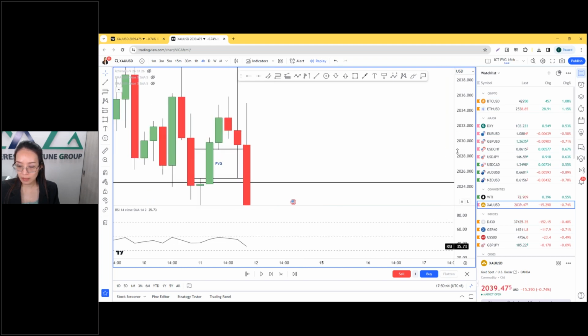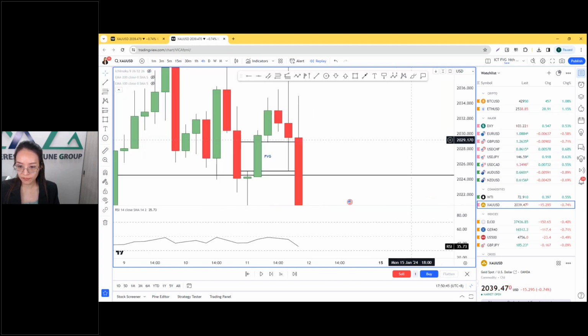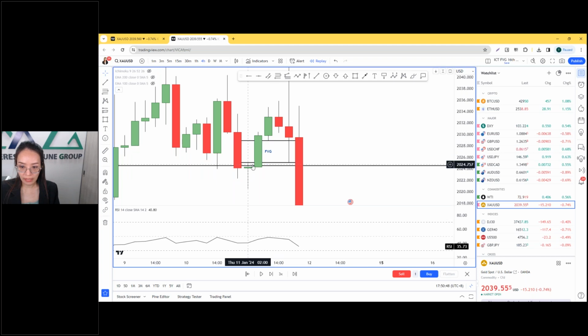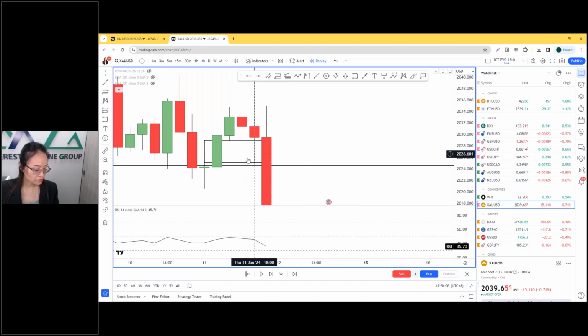For example, here, you know that there is a fair value gap. Let me just draw again. Okay, 1, 2, and 3. You draw the fair value gap, which is from this wick to this wick. What you can see here is this candle came in and filled all the orders, right?